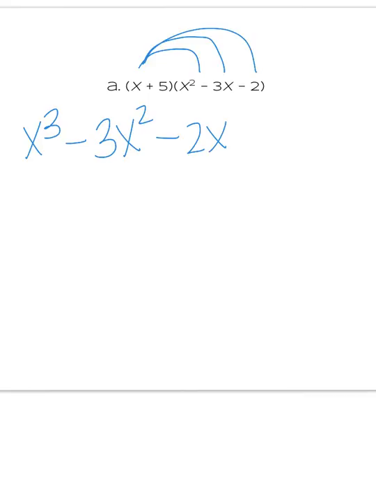Then I'm going to distribute the 5 to everything. So it becomes plus 5x squared minus 15x minus 10. Sorry, I ran out of room, so I'm just going to put that right down there. And then just like yesterday, I'm now going to combine my like terms and write my answer in standard form.